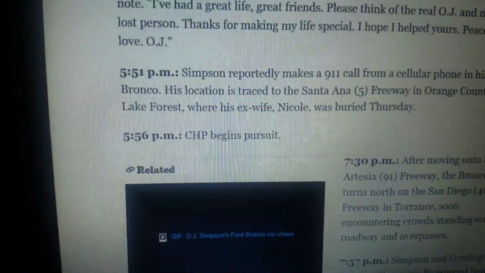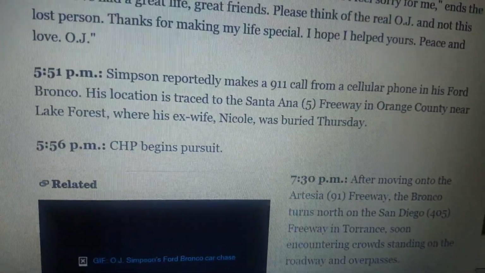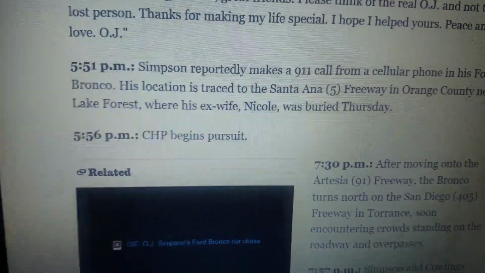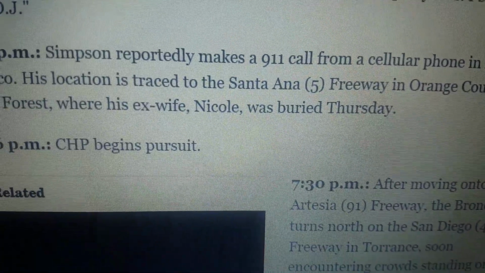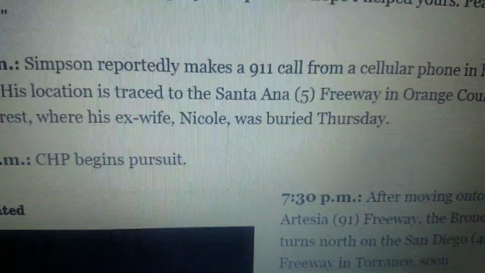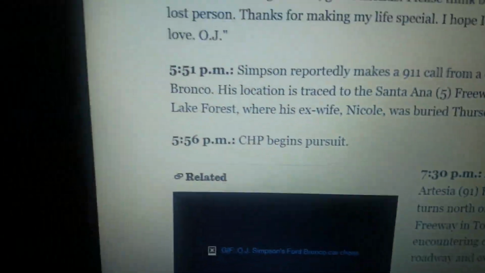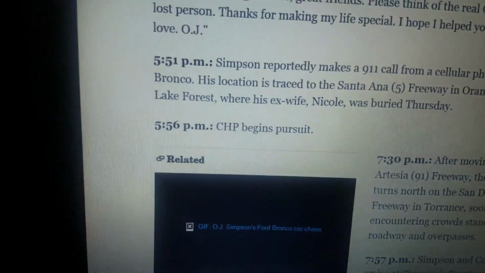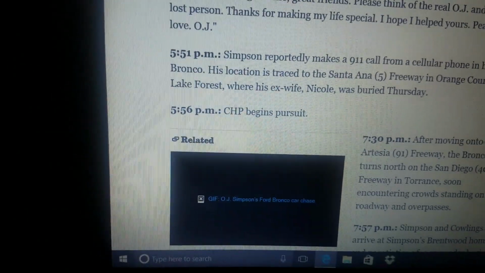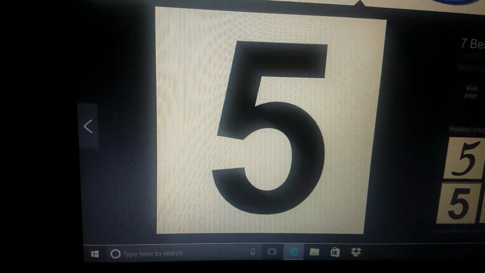There were a reported 14 police cars chasing O.J. Simpson on the Santa Ana 5 freeway. Another 5 connection. 1 plus 4 is 5. Another 5 connection tied with O.J. Simpson and his trial.